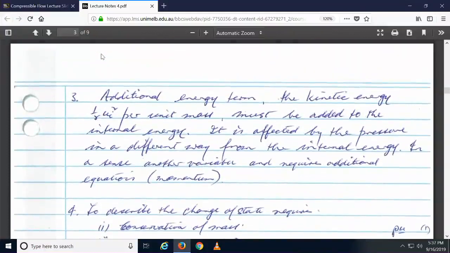Now, the next idea in the application of thermodynamics to compressible flow is that we need an additional energy term. Not only do we need the internal energy of the particle, we need its kinetic energy per unit mass. And the kinetic energy per unit mass is 1/2 ui squared, where I'm going to use frequently the tensor notation that ui times ui means ux squared plus uy squared plus uz squared.